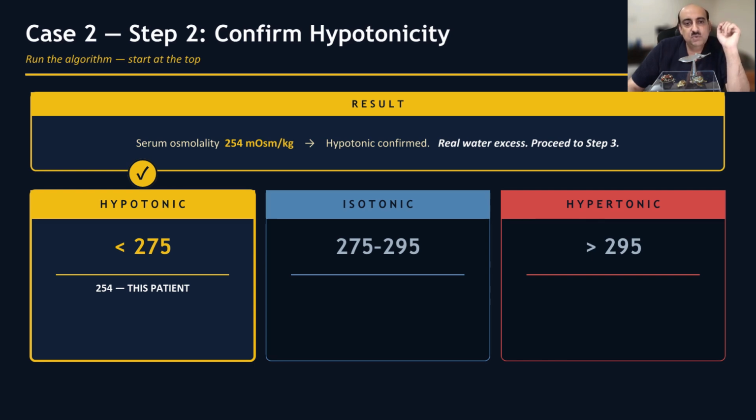That leads to hyponatremia, and it's hypotonic. The other 2 branches, isotonic and hypertonic or translocational, are not relevant here because nothing suggests pseudohyponatremia or hyperglycemia. So we focus our attention on hypotonic hyponatremia.